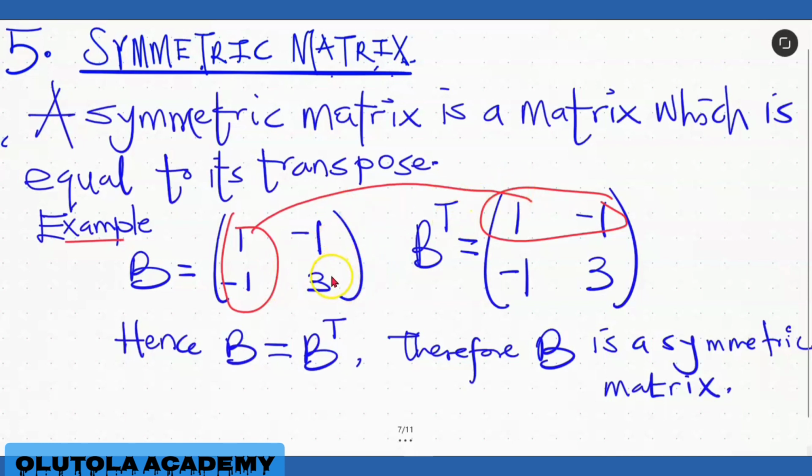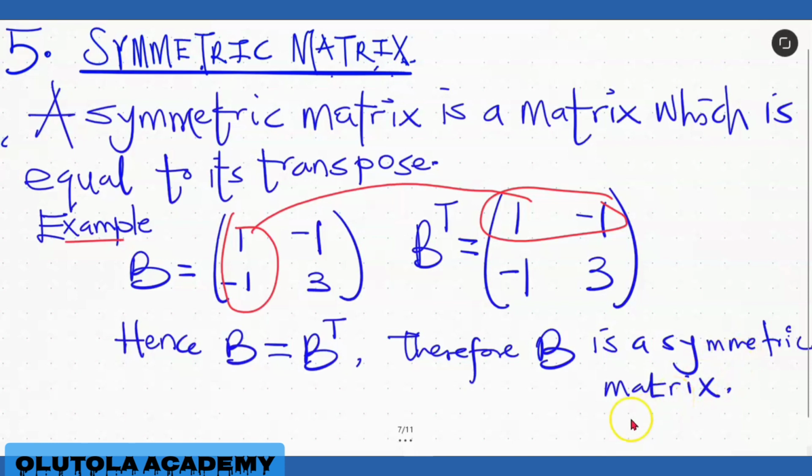So that is a symmetric matrix. What is inside matrix B is also what is in matrix B transpose. So we can say that matrix B itself is a symmetric matrix.